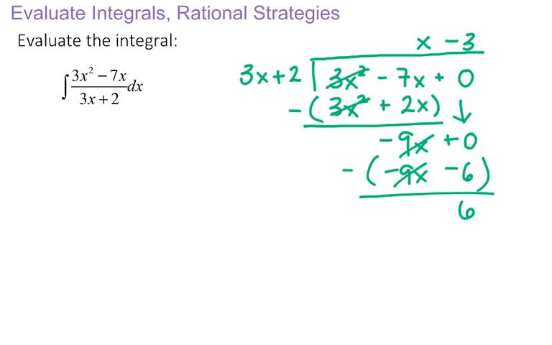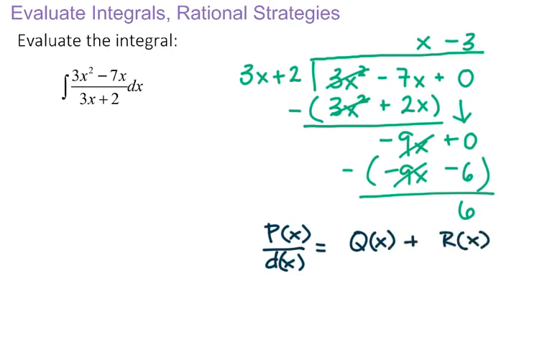And what you should have learned in your algebra class is that original polynomial dividend divided by some divisor is equal to a quotient plus my remainder divided by that original divisor.